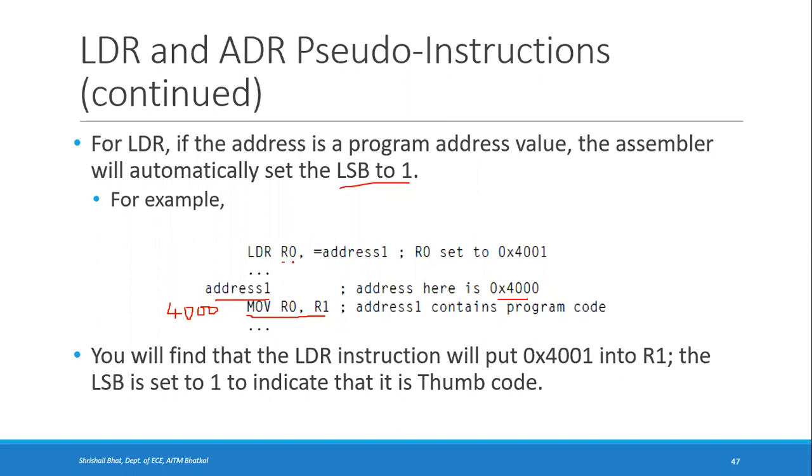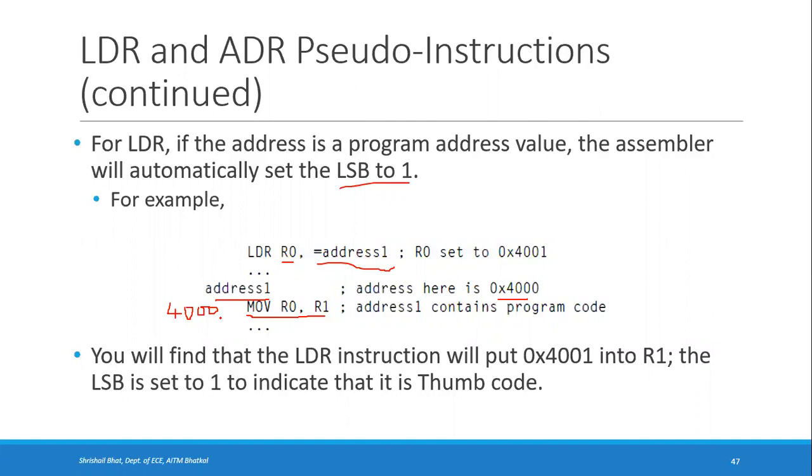If you want to copy the address into R0, you can use LDR R0, =address 1. The equal sign followed by address 1 indicates that the address pointed to by this label has to be copied into R0. At this address you have an instruction, and the address is 4000H. That 4000 means the LSB will be 0.